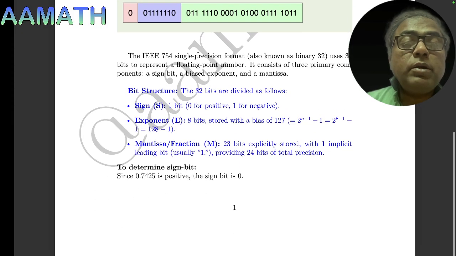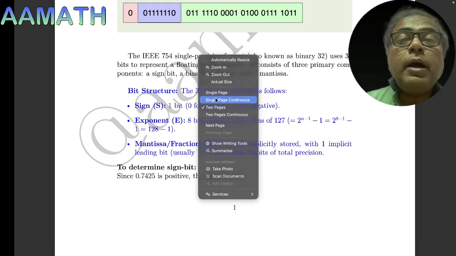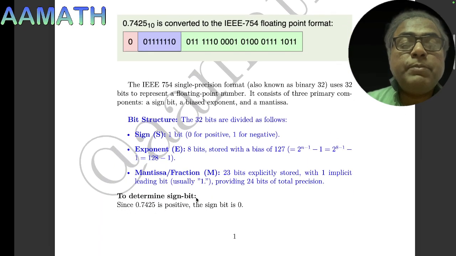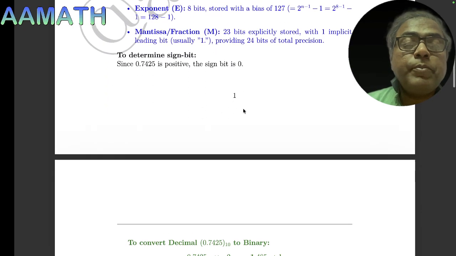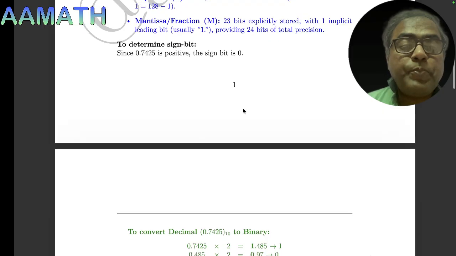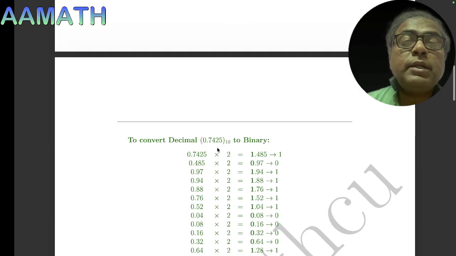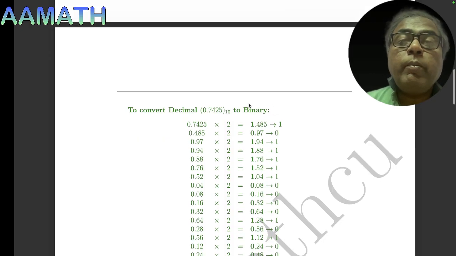Now this sign bit, since the number is positive, is 0, minus 1 to the power 0, so this is 0. Now we convert the decimal number 0.7425 to a binary number. For this, we multiply the number by 2 and get 1.485.